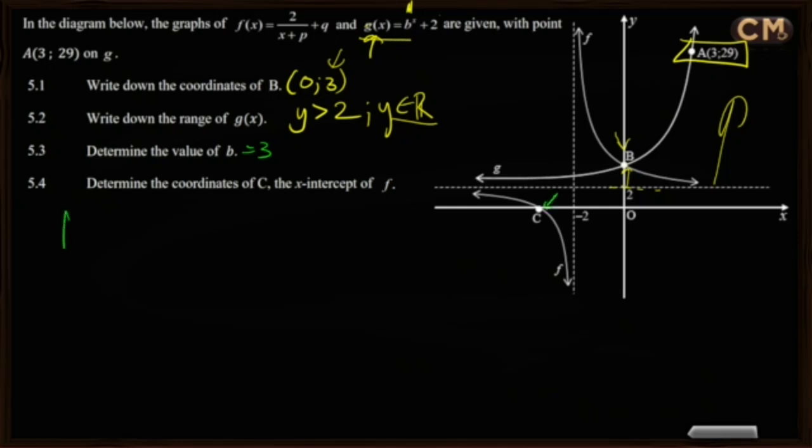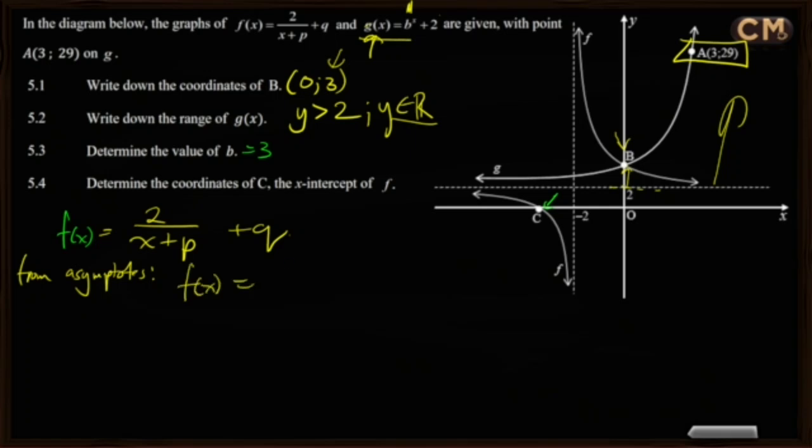So, first things first, we are working with f of x, which is equal to 2 over x plus p, plus q, and then from our asymptotes, f of x now becomes 2 over x plus 2, and then of course we have a plus 2 over there.